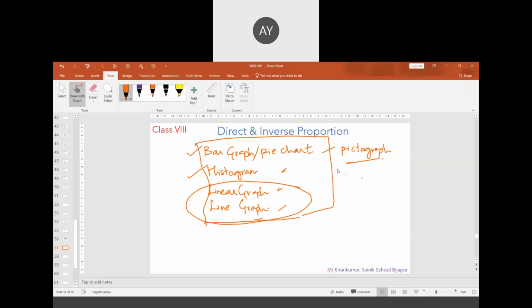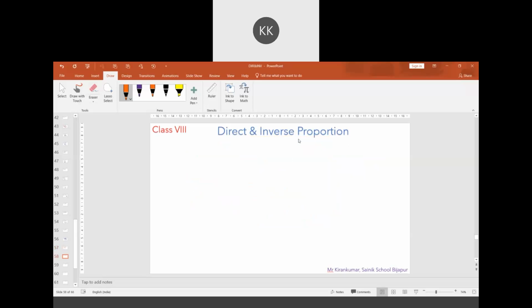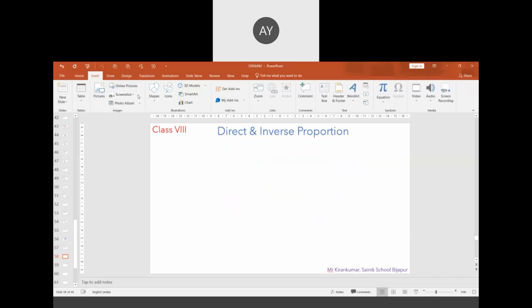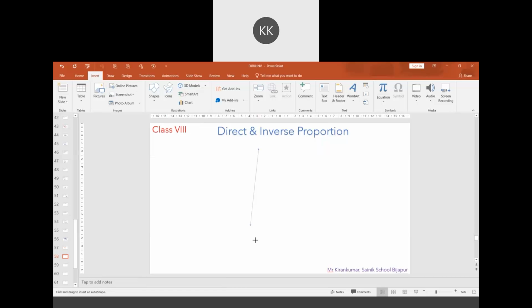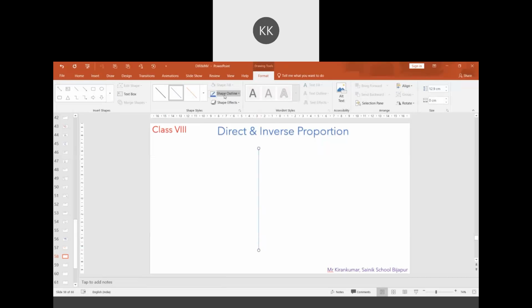What is coordinate geometry? Coordinate geometry is in continuation with this graph in class 9th. To tell in a little time, let me consider two lines. One is a vertical line and another is a horizontal line, the X and Y axis.